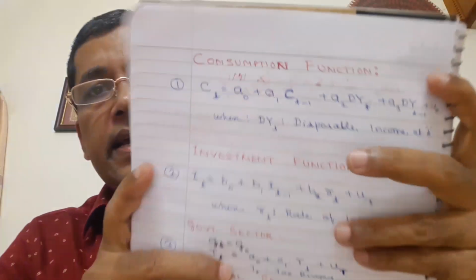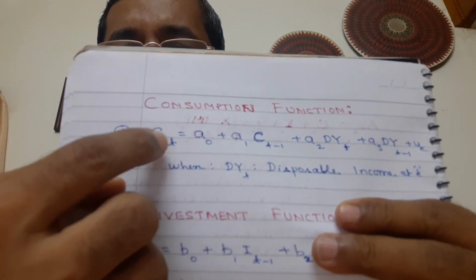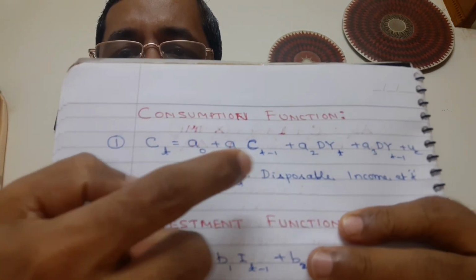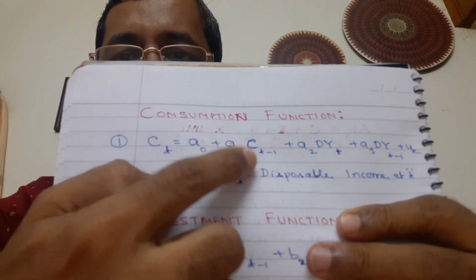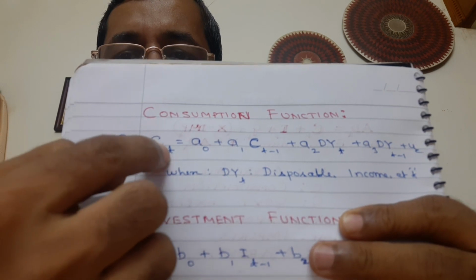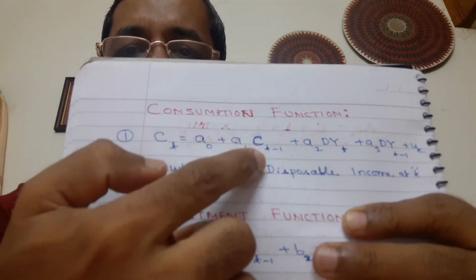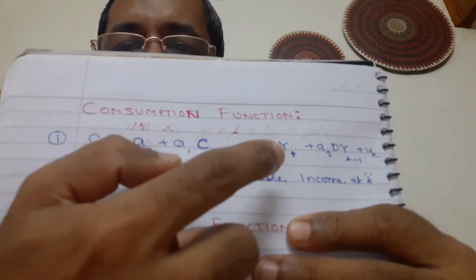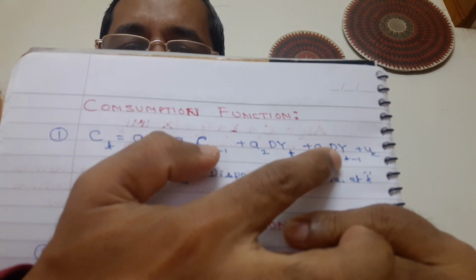So here I have the consumption expenditure, the consumption function. Consumption is treated to be a function of its past consumption. Given the inertia, current consumption is dependent on past consumption, that is C_t is a function of A0, A1, C_t-1, then current disposable income, and past year's disposable income.